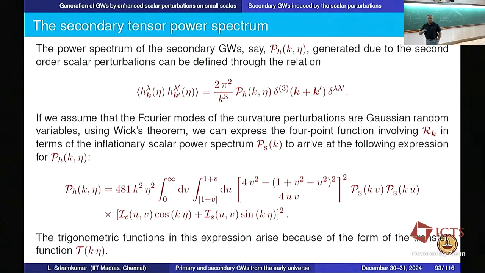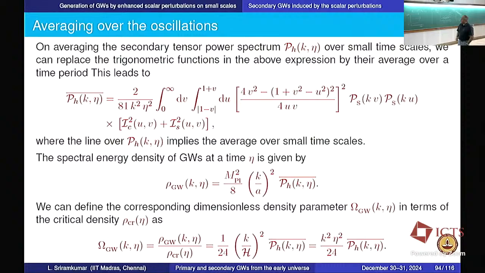The modes are well inside the Hubble radius, and that leads to oscillations in the power spectrum. For simplicity, we can average over those oscillations, and you arrive at this expression. And you can talk about the spectral energy density of gravitational waves, which is roughly, modulo factors, proportional to the average power spectrum, and it is given by this expression.